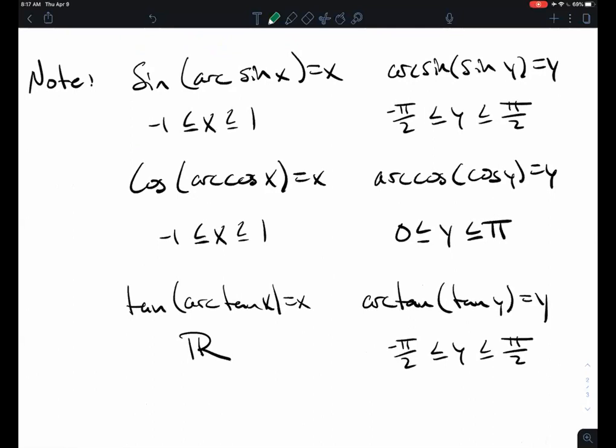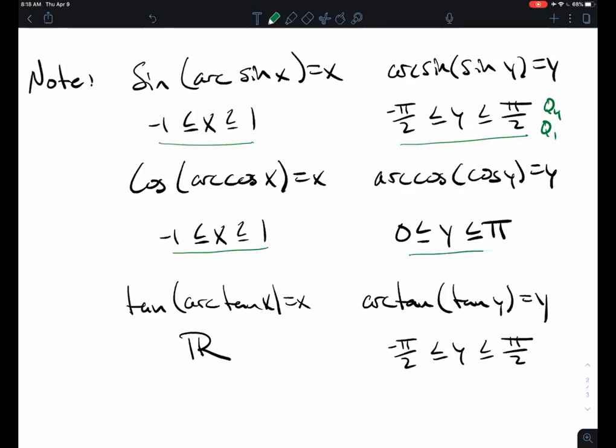So what I've got here are the restrictions, effectively. Written in kind of a funky way here, but when it comes to sine, the inverse at least, the x is going to exist between -1 and 1. The y is going to exist between -pi over 2 to pi over 2. And maybe what you want to write as a note to yourself is Q4 and Q1. Those are the two quadrants that it's going to exist in. Cosine's domain is also between -1 and 1.